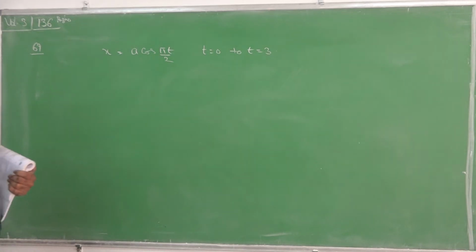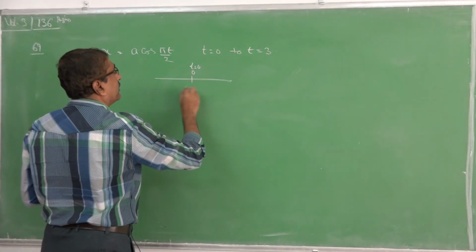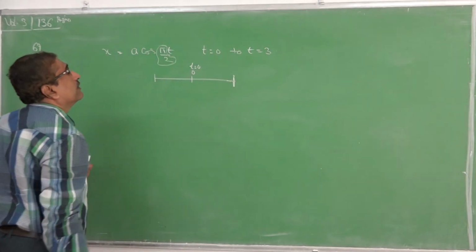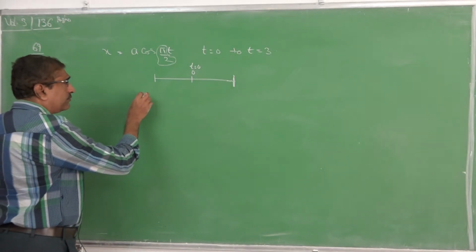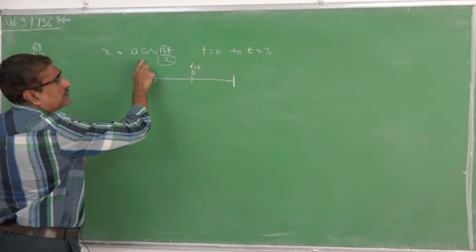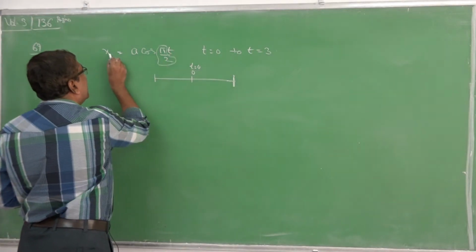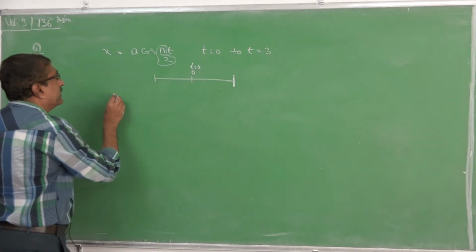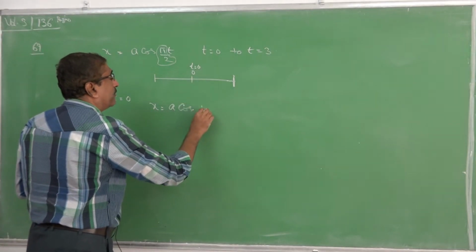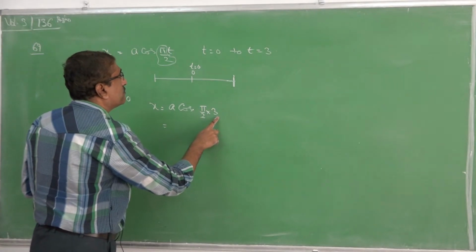This is just theoretical. Assume that the particle is at the mean position at t equal to 0. From this equation, omega is pi by 2.